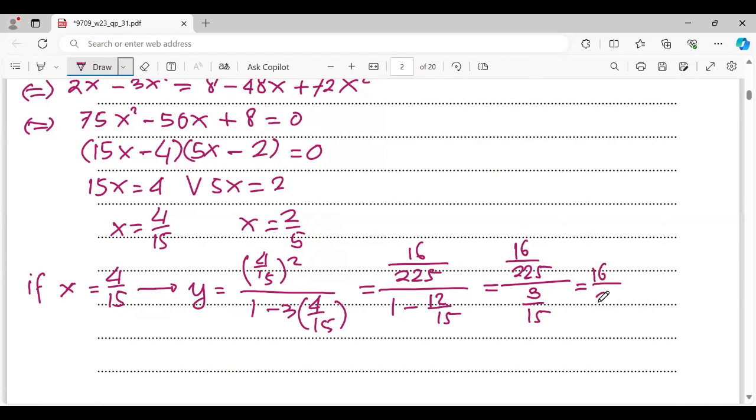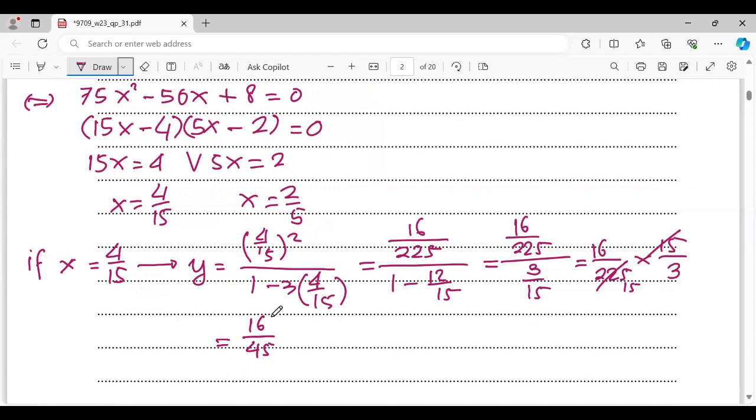So 16 over 225 times 15 over 3 becomes 16 over 45. So if x equals 4 over 15, y equals 16 over 45.